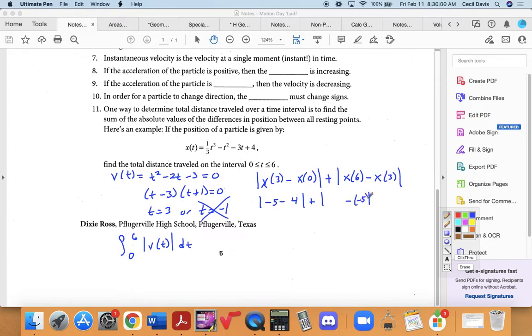I know x of 3 is negative 5. x of 6, see, that's a third of 216, so that's 72 minus 36 minus 18 plus 4. So it's 36, 18 plus 4 is 22.